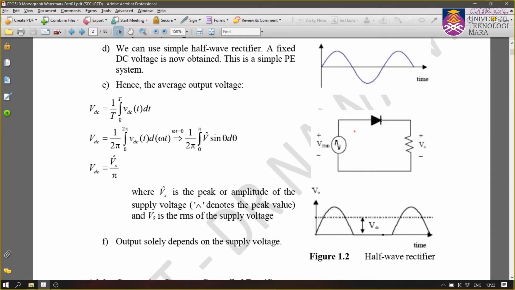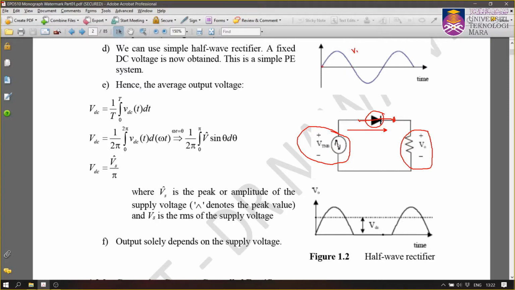Therefore, the diode is turned on and it appears as a short circuit, and therefore Vout will be equal to Vin, the TNB voltage from the supply. So if you look at this waveform, this is the supply voltage, Vin, or Vs.